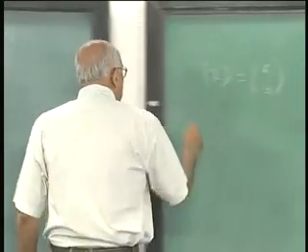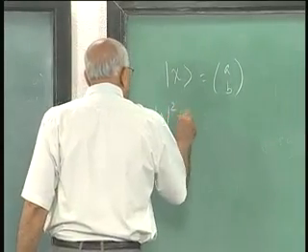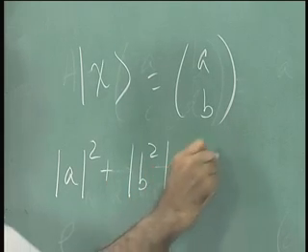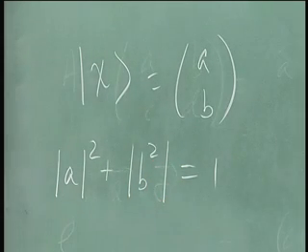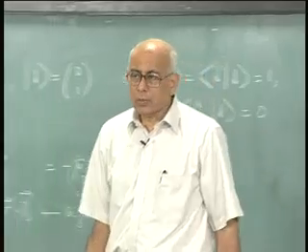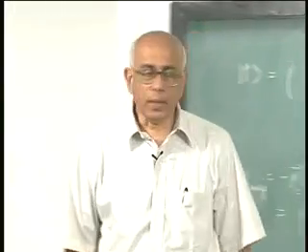So I am going to impose that A and B are two complex numbers which satisfy mod A squared plus mod B squared is 1. Okay. In this state, what is the probability that the Sz component of the electron has eigenvalue plus half h cross?